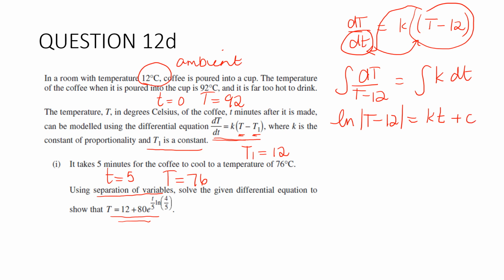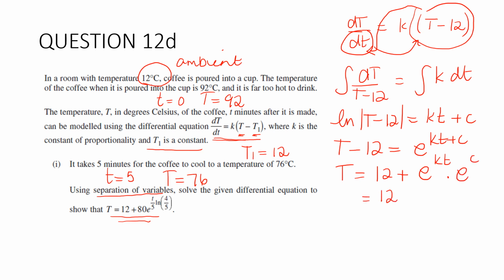All right, let's raise both sides as powers of e. Now I'm going to split that right hand side, take the 12 over at the same time, e to the kt times e to the c, and I'm going to rename e to the c as A. Okay, we're ready to substitute in. What do we know? This guy.